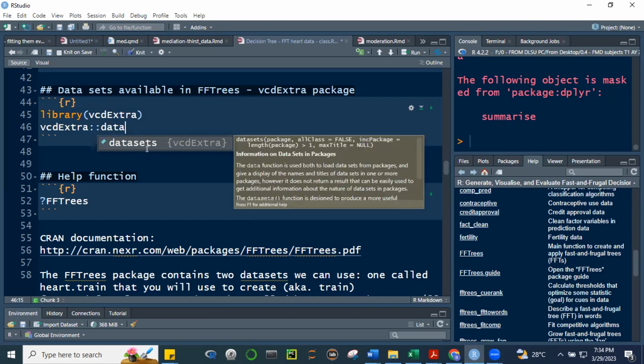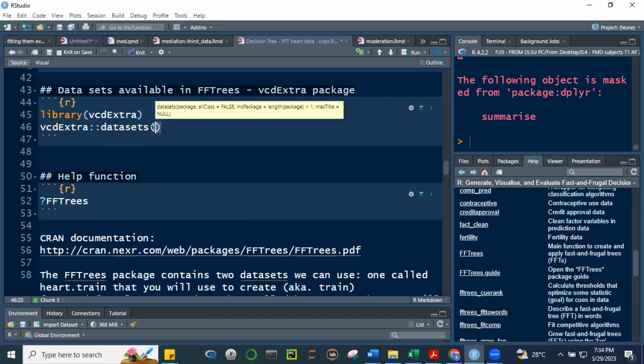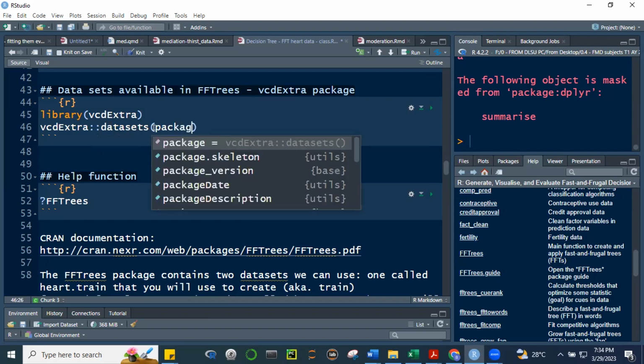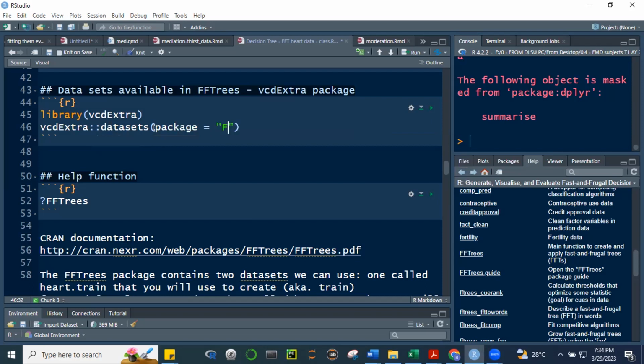Data sets, pahanapin natin yung data sets coming from package is equal to FFTrees. Okay. I just want to see kung ano yung mga data sets na available. Remember, yung mga packages sa R, sometimes they come with data sets, no? Okay, let's see.